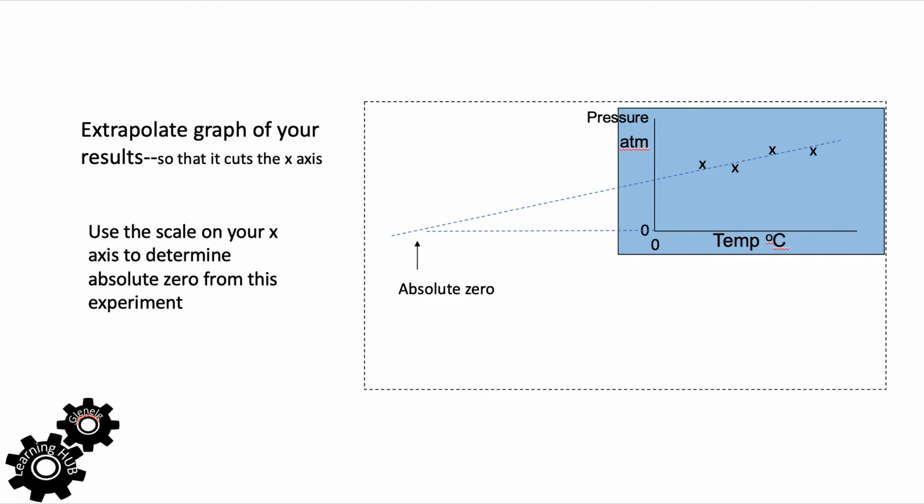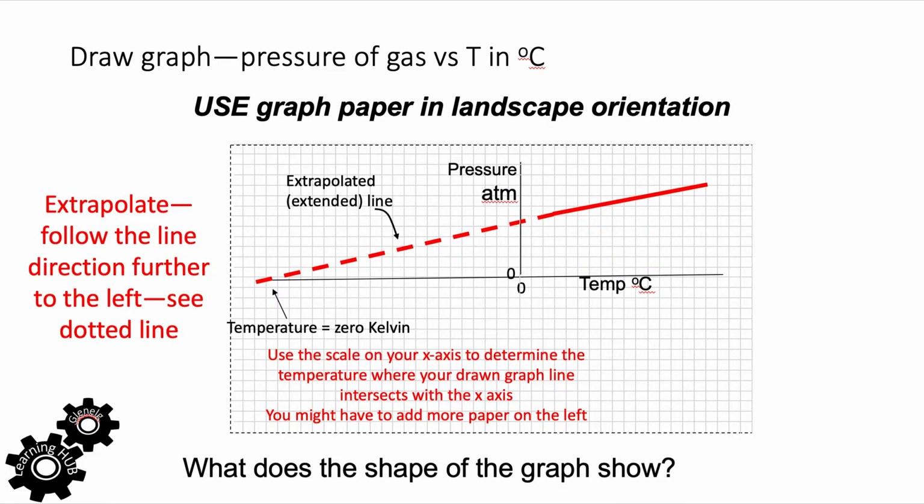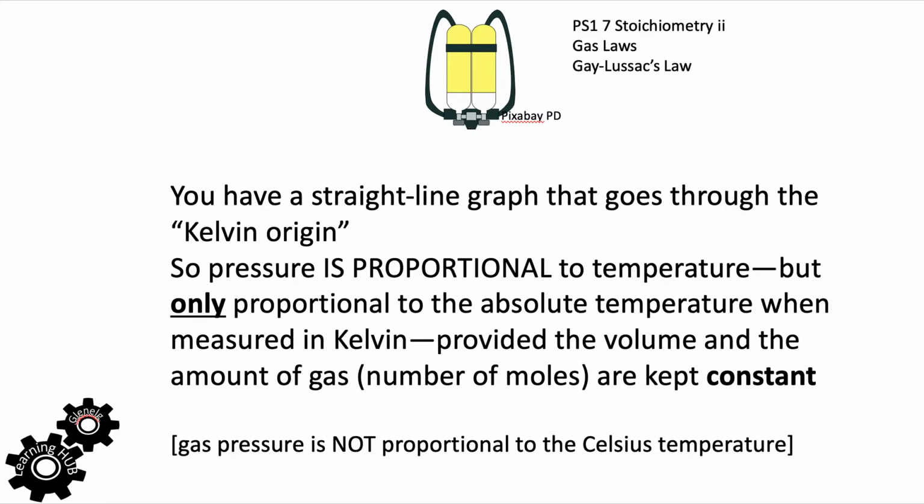So you're extending it backwards, and then looking at the scale, degrees Celsius, you can find the value in degrees Celsius, obviously below zero, which will be equal to 0 Kelvin. And so we've got a straight line graph, and pressure is proportional to the absolute temperature, provided the volume and the number of moles are kept constant.